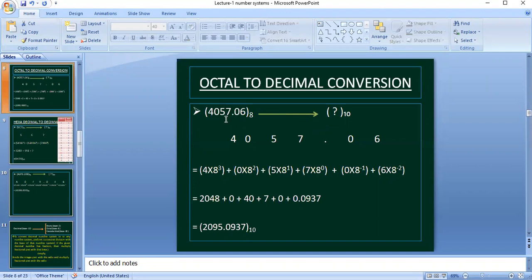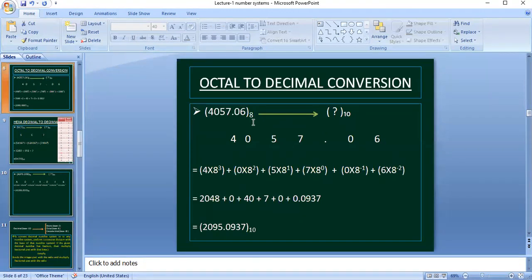In this given problem, we have both an integer part and a fractional part. You may observe that in the octal number system, we have only 8 digits, from 0 to 7. There is no 8 and no 9 in the octal number system.